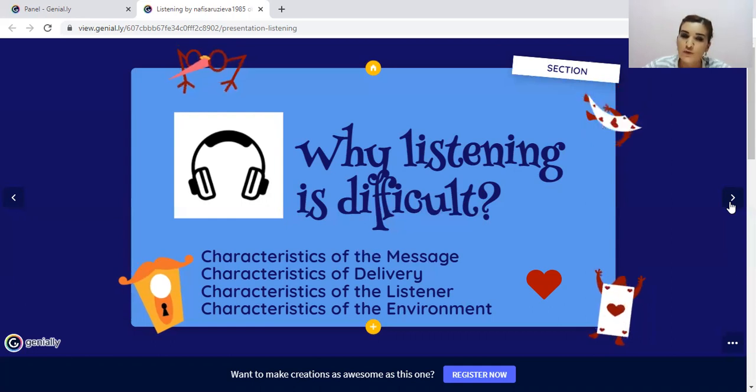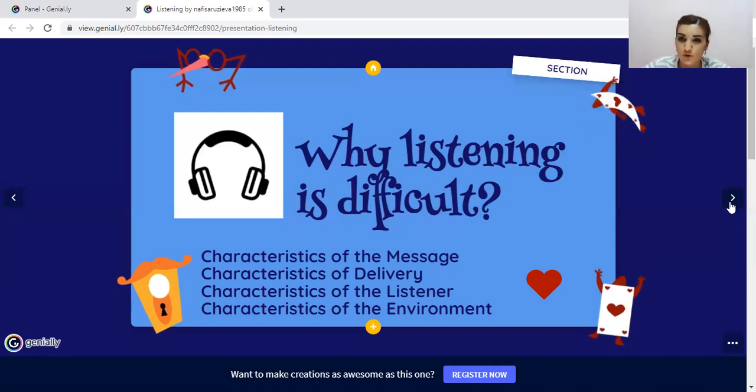Of course, we should use men's, women's, and also children's speech because our students should understand not only one person's speech but also everybody's speech.